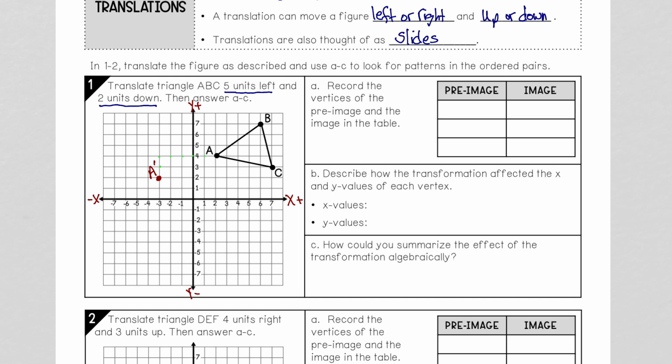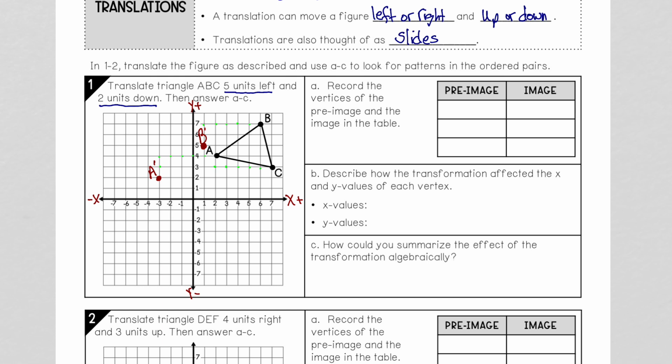All right, so B, we're going to do the same thing. 5 units left, 1, 2, 3, 4, 5. 2 down, 1, 2. So our B prime is there. And then we look at our C. So 1, 2, 3, 4, 5.